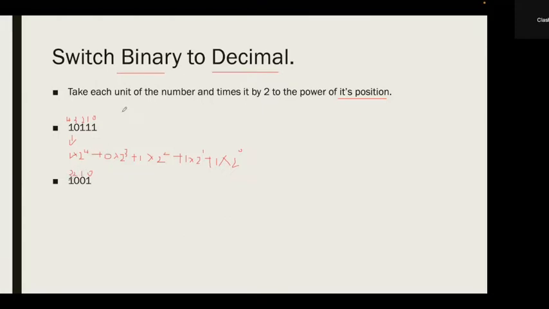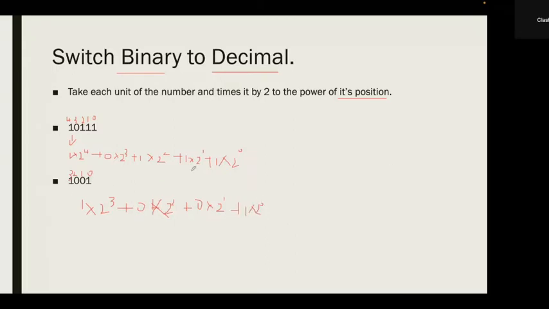Next thing you want to do is take each unit of the number and times it by 2 to the power of its position. So 1 times 2 to the power of 3, plus 0 times 2 to the power of 2, plus 0 times 2 to the power of 1, and then plus 1 times 2 to the power of 0.